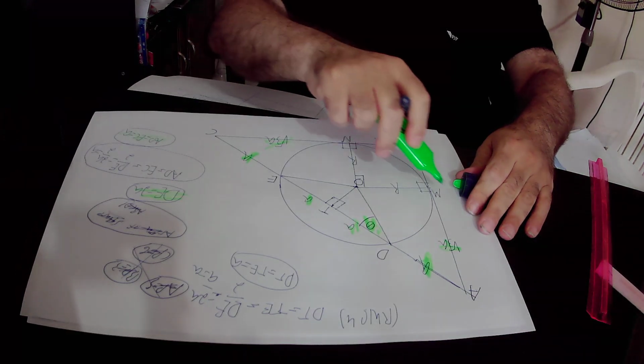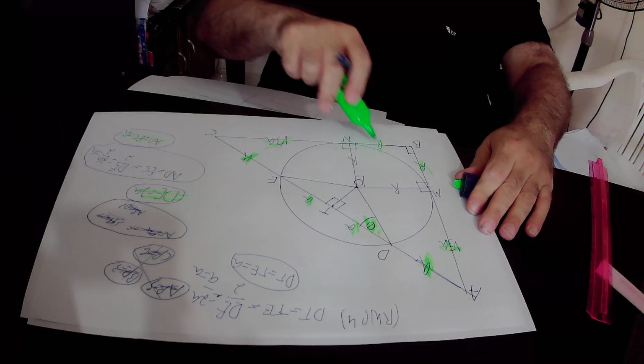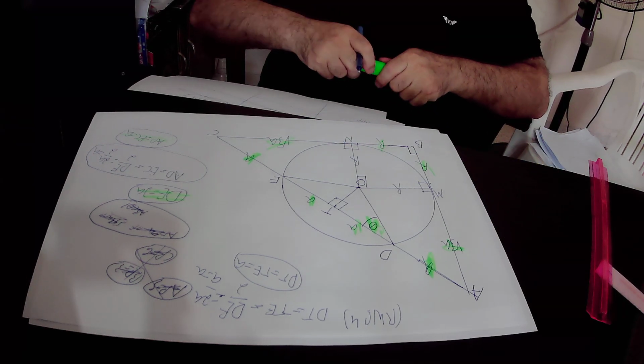In the next step, I will copy the right triangle ABC in a new page and we will analyze triangle ABC.